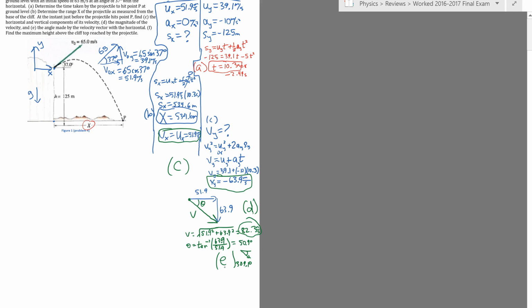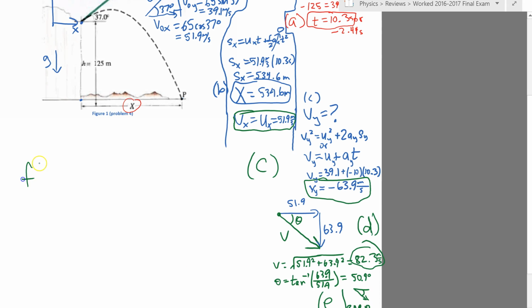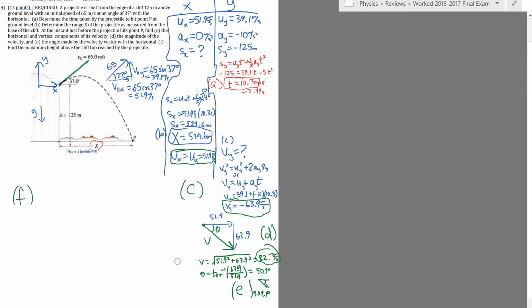Finally, F says find the maximum height above the cliff top which the projectile reaches. So we'll work F here. That's in the y direction. So really, if you had room, you would keep working this in the y direction. The thing that denotes the top of the path will be that the vertical velocity is 0 at the top of the path.